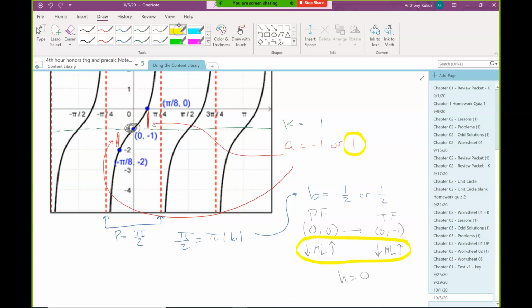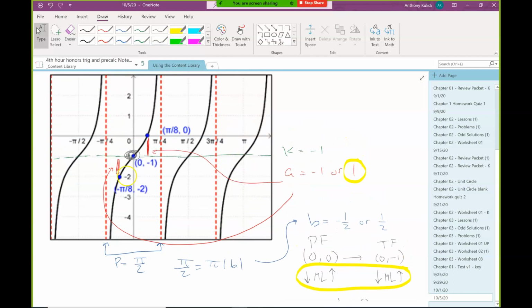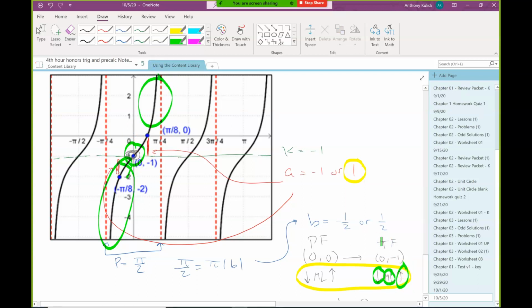Yeah. So what I'm looking at is the graph starts pointing down. Oops, we're talking about the transformation. And then we have our midline point, and then the graph points up, right?